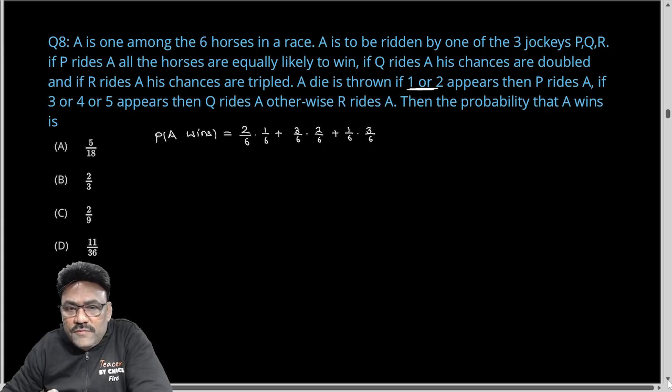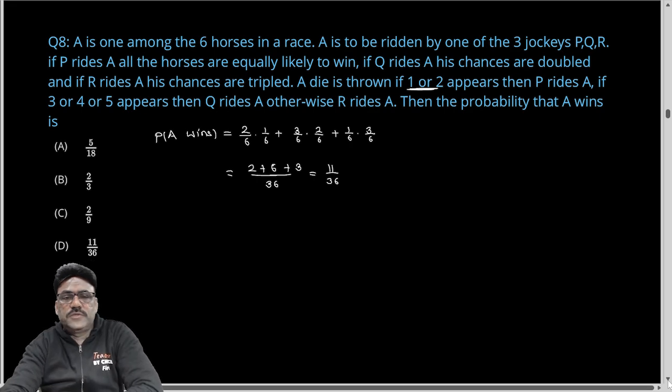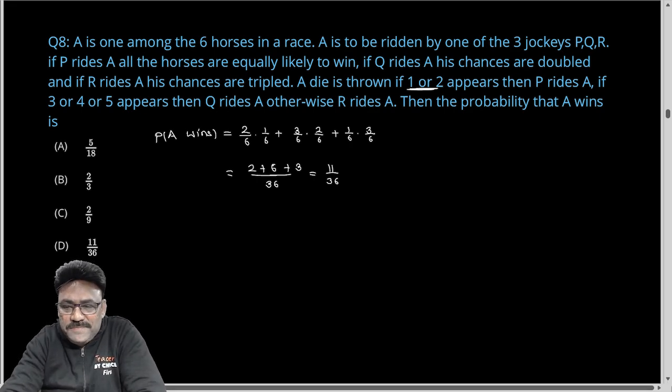So when P rides, the probability of A winning the race is 1 by 6, Q rides then 2 by 6, R rides then 3 by 6. So now you are getting 2 plus 6 plus 3 by 36. So it is 11 by 36. Means the last option is the correct option, right?